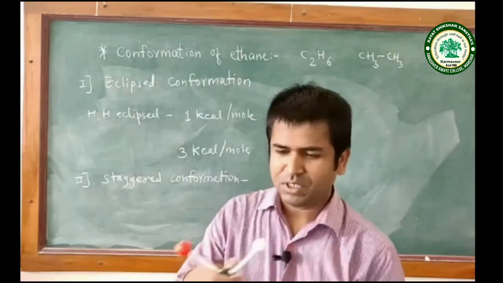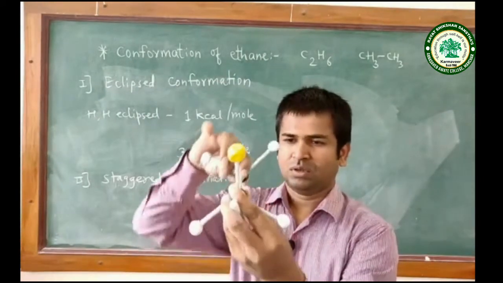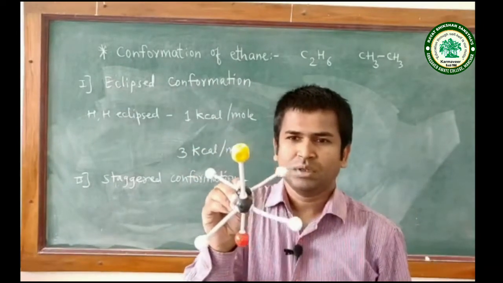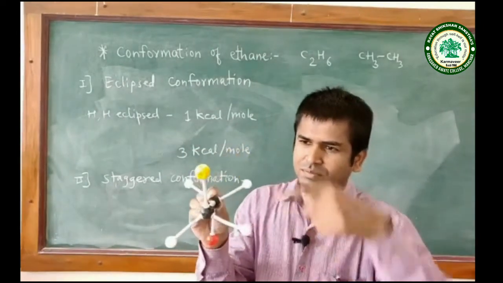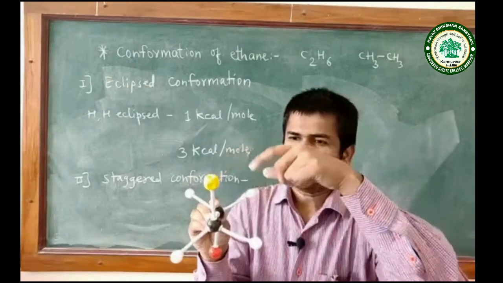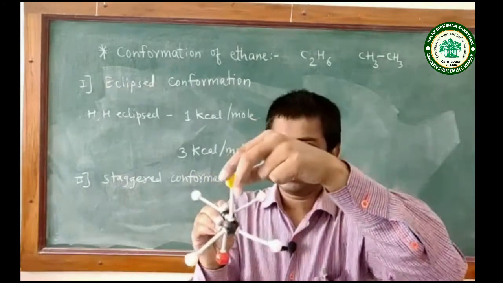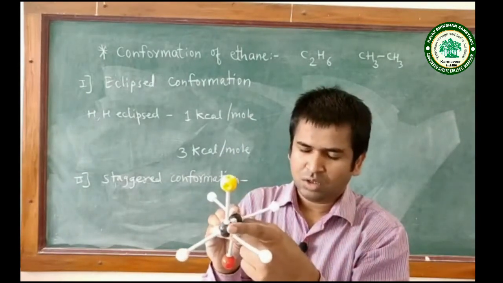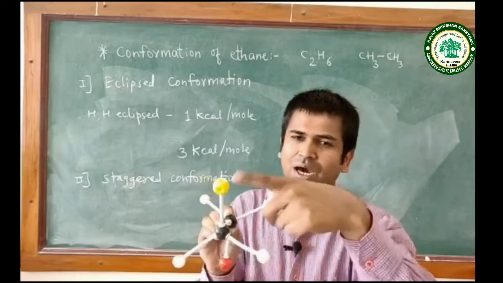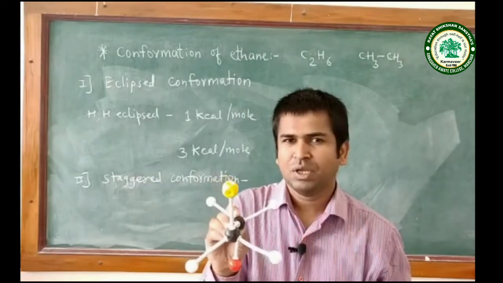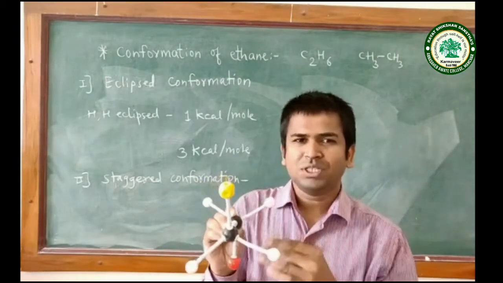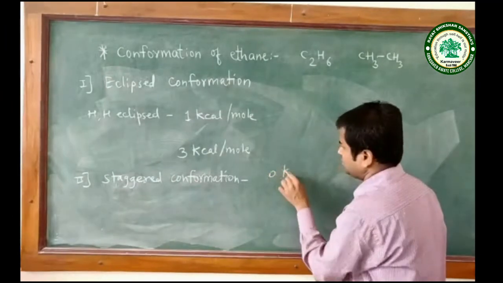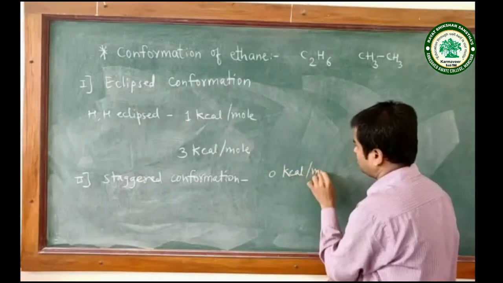In staggered conformation, the hydrogens on two adjacent carbon atoms are maximum apart from each other, and the energy of this structure is 0 kilocalorie per mole.